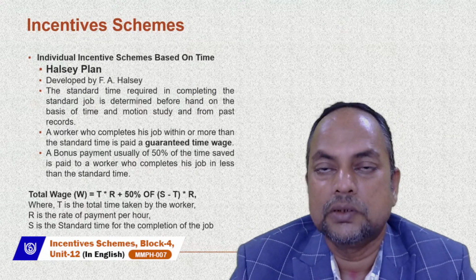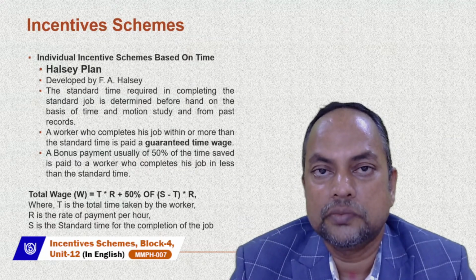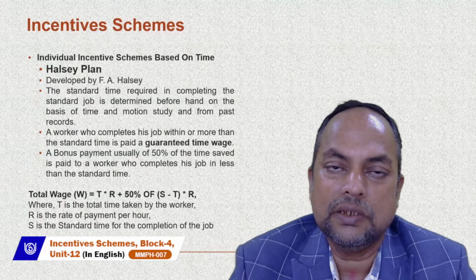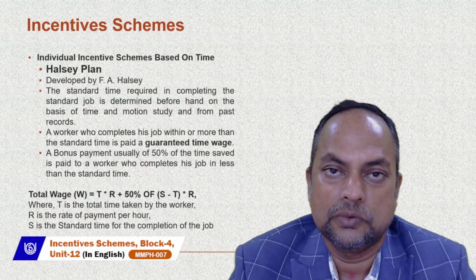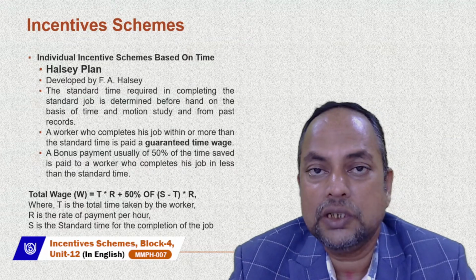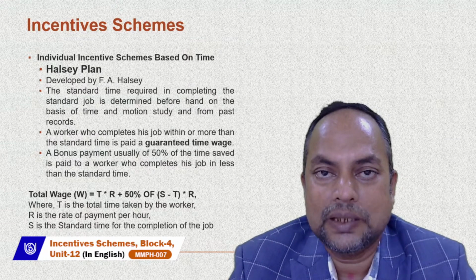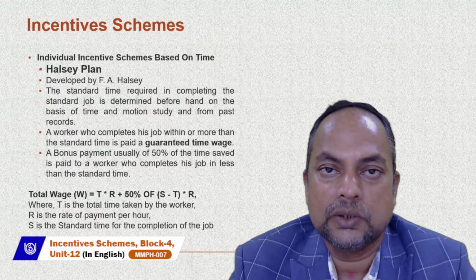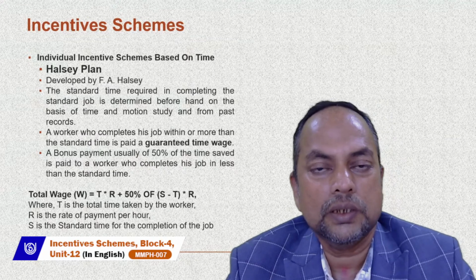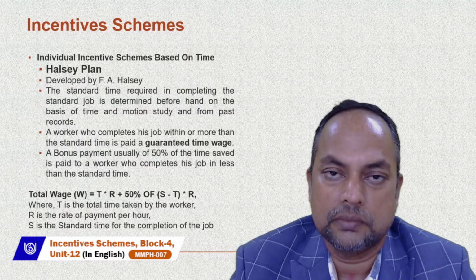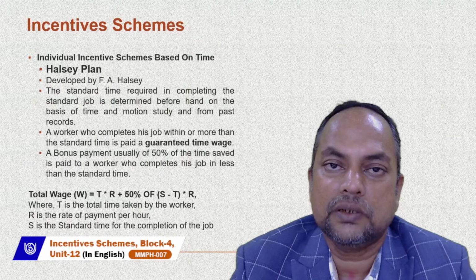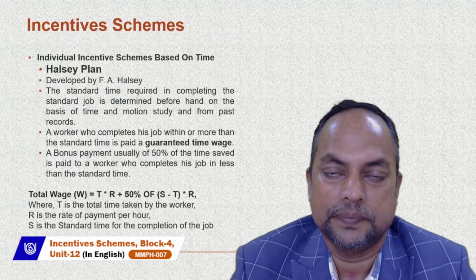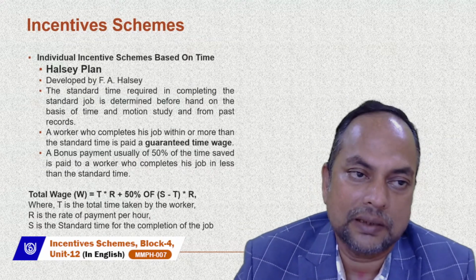But another 50% of the time he is saving, that means he is saving 2 hours here, so 50% is 1 hour. So an additional 50 rupees is given to that particular employee for saving the time. Right? So if the worker completes the job in 6 hours, instead of 300 rupees, the employee will get 350 rupees. That is how it is calculated.